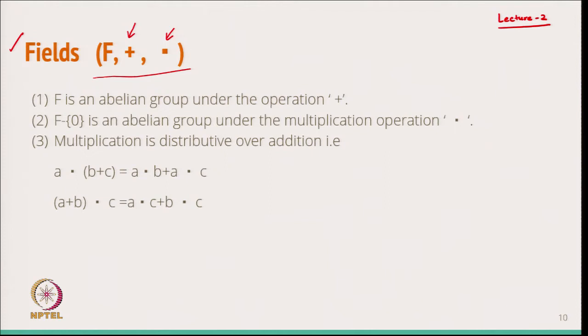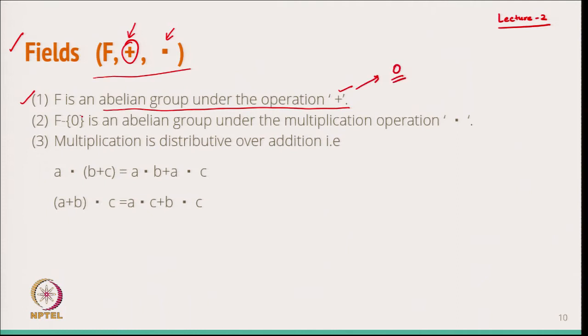So, what is the field? Suppose F is a non-empty set. The first thing is that F should be an abelian group under the operation addition, whatever binary operation we define here. Under addition it is an abelian group, so we have the additive identity that we represent by 0.